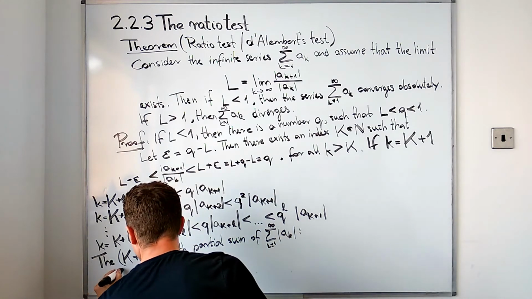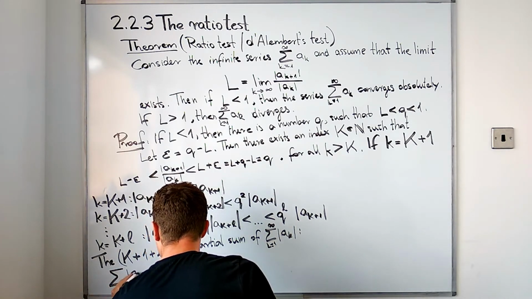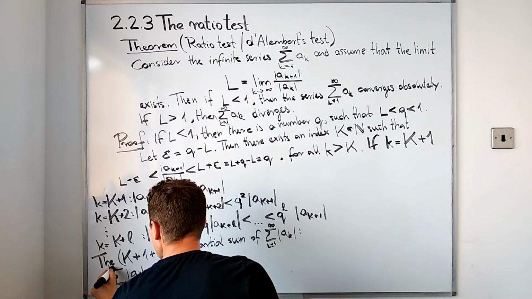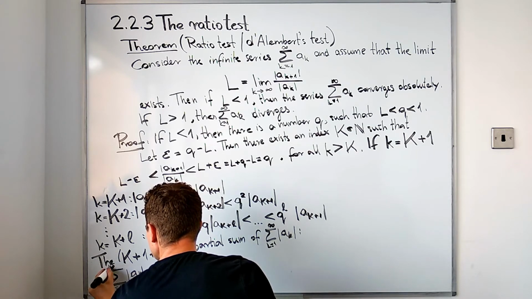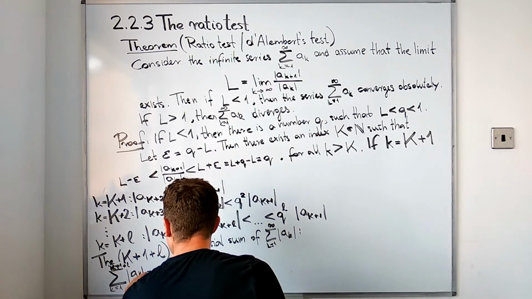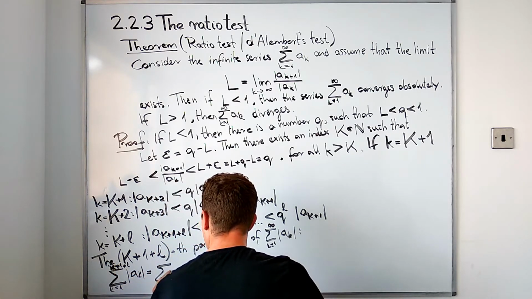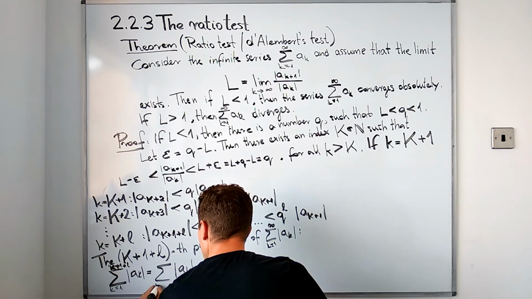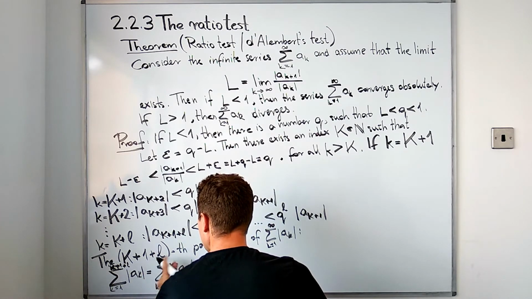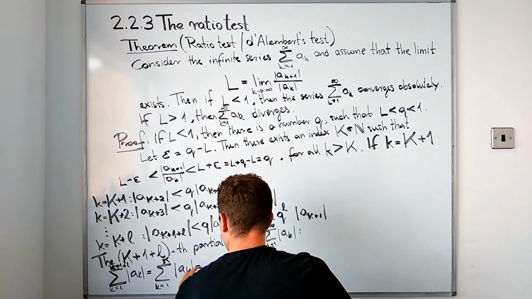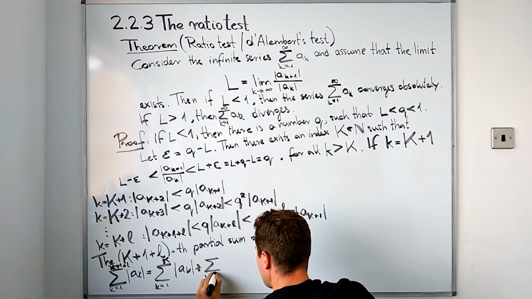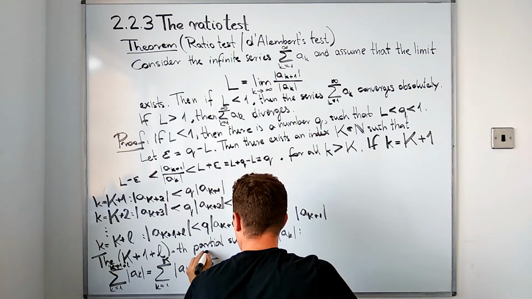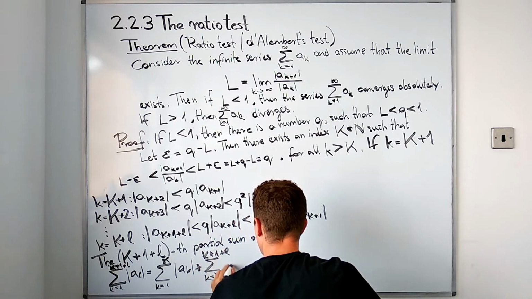We'll have the absolute value of a_k summed up from k equals 1 to capital K plus 1 plus L, meaning that we have these absolute values added up from the first term till the capital K's term, and then we'll have the rest from the capital K plus first term to the capital K plus 1 plus Lth term.